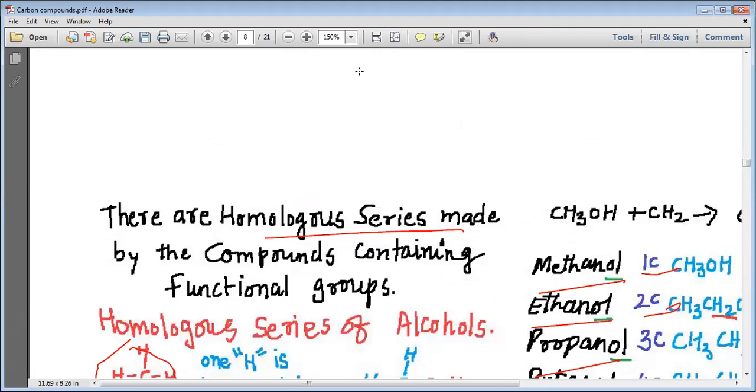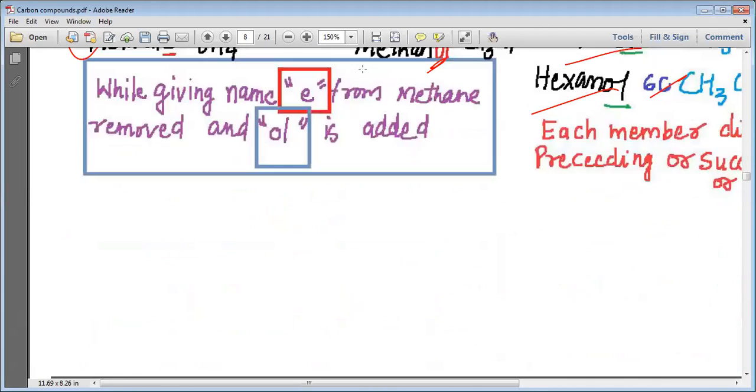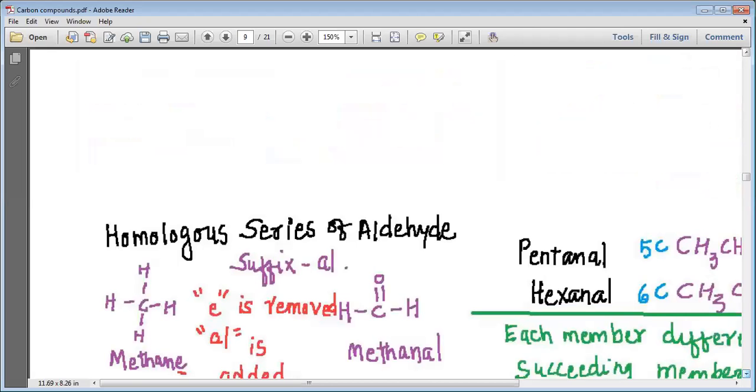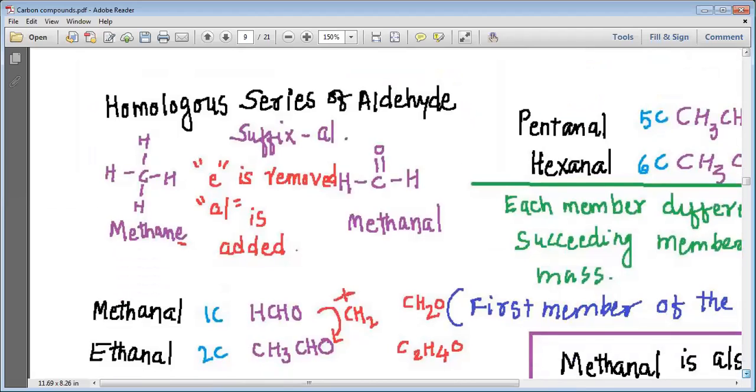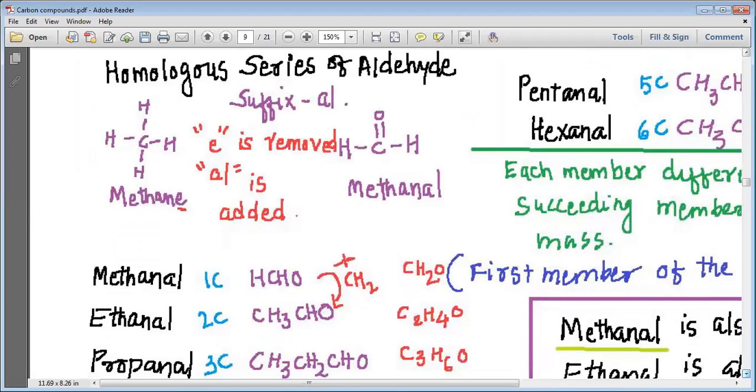Now, my dear students, let's study the homologous series for the next functional group, that is the aldehyde. You can see here on your screen that we have the homologous series for the aldehyde compounds. Aldehyde has the C double bond O group.